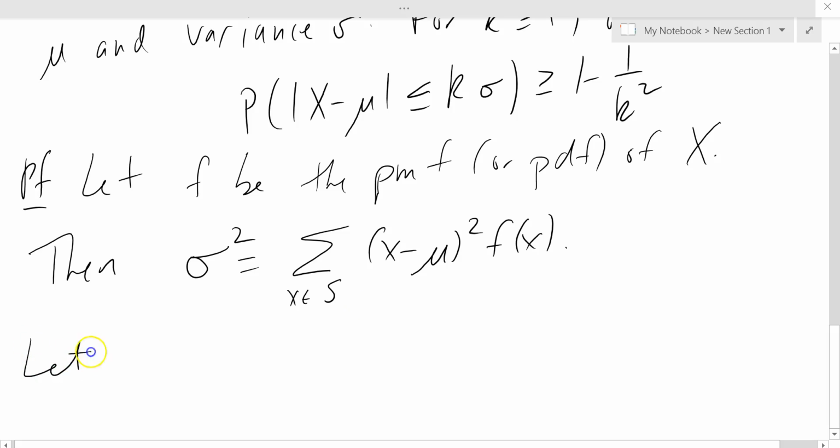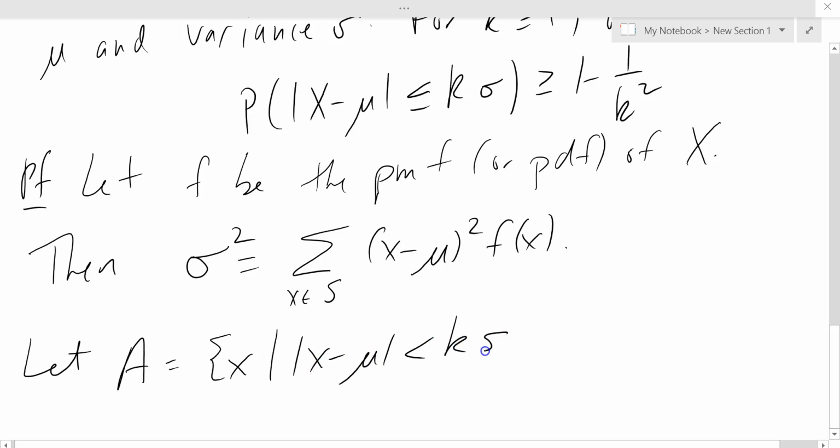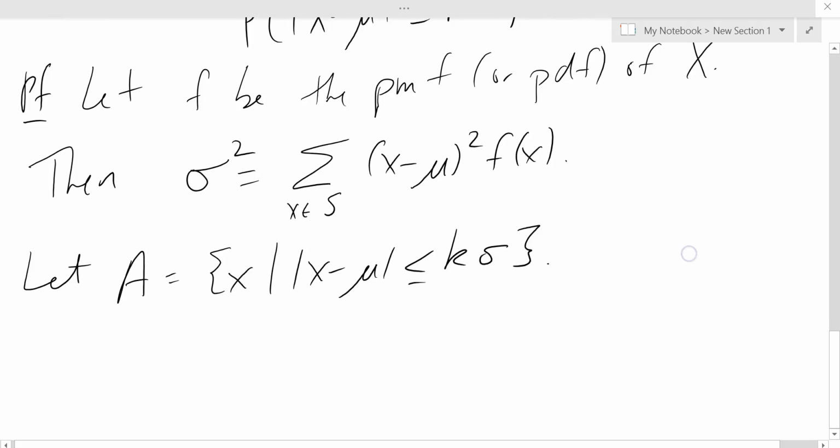So we're going to let A be the set of all x's such that the absolute value of x minus mu is less than or equal to k times sigma. Then S, our sample space, is made up of A and its complement, right?